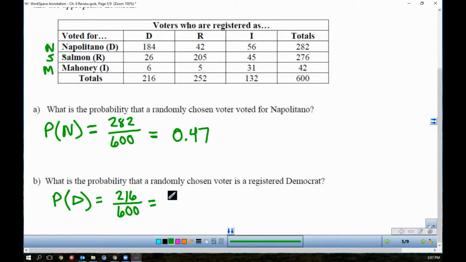So what should that give you? 0.36. Okay, questions on A or B?